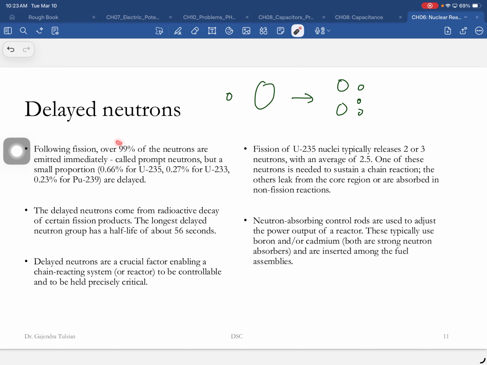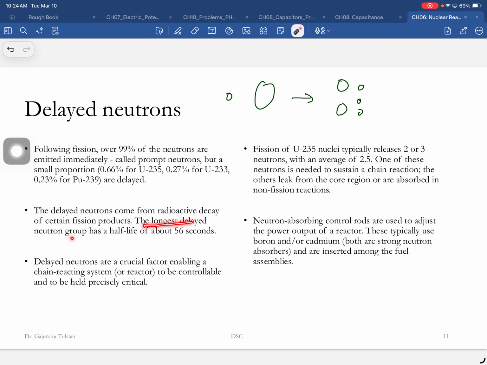About 1% are delayed by, on the average, 10 seconds. And that is what enables you to pull out control rods slowly enough to make a nuclear reactor critical. The delayed neutrons come from radioactive decay of certain fission products, so they're not spitting out the neutrons immediately.